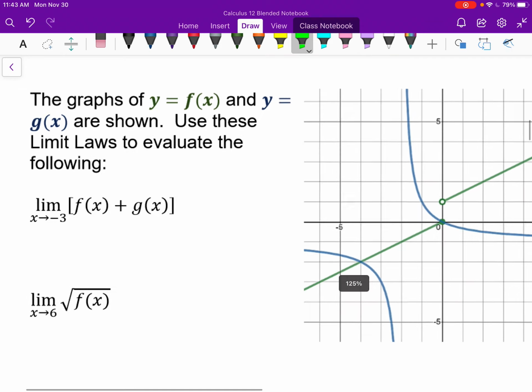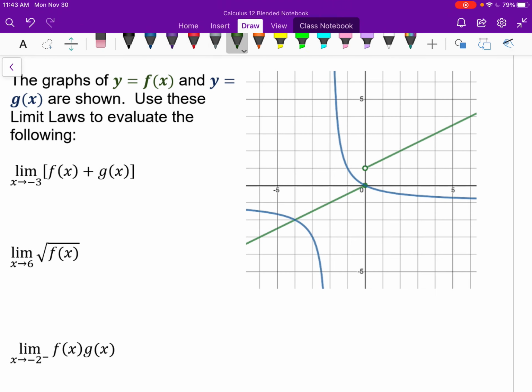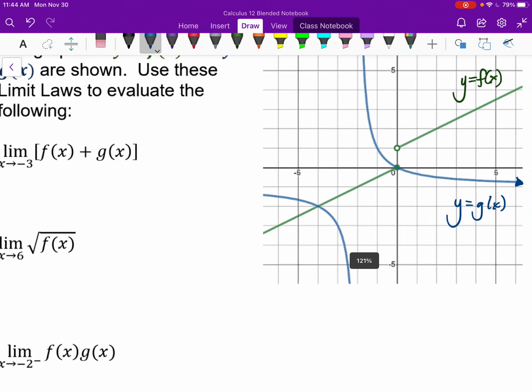And first, again, this is the only question today where I'm going to be looking at a graph. What I have are 2 functions here. f of x is these 2 line segments, and g of x is this blue rational looking curve. I want to find the limit as x approaches -3 of f of x plus g of x.